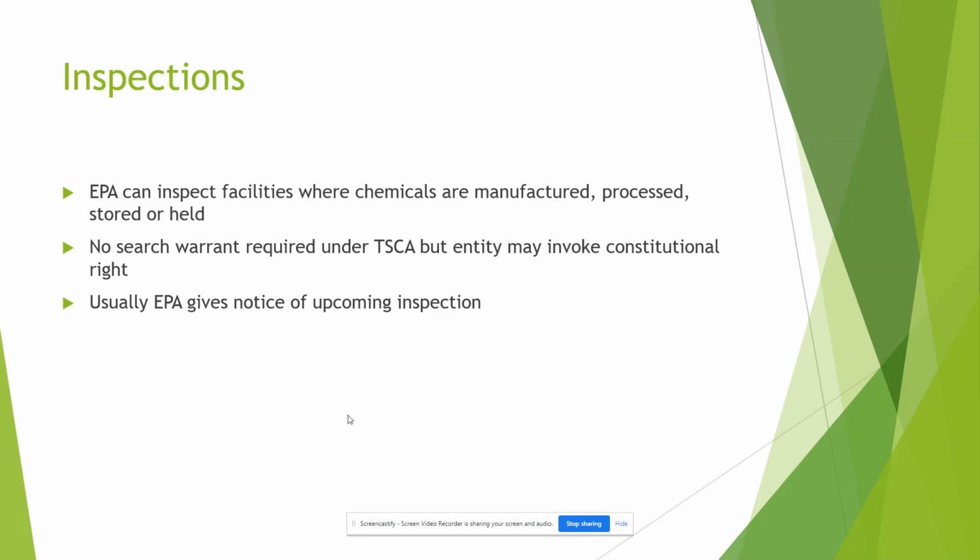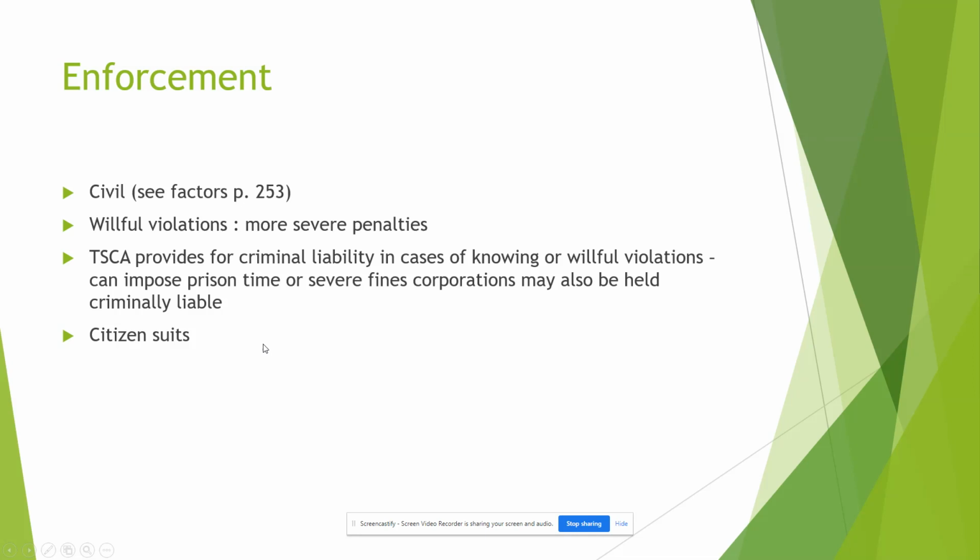They don't need a search warrant. If somebody is denying them entry, they can get a search warrant. But most entities don't ask for a warrant because they think that looks suspicious, which it probably is. And they usually give notice that there's an inspection coming up.